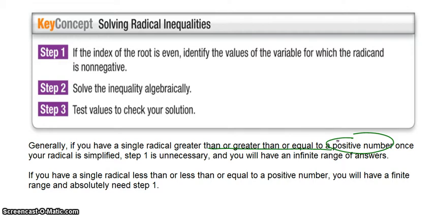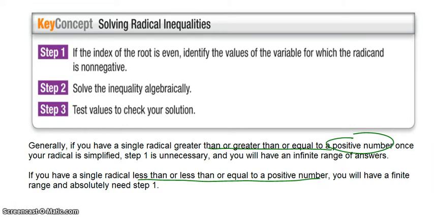On the other hand, if you have a single radical less than or equal to a positive number, you do have a finite set of solutions. You do have to watch out for the case where we don't want to go too far less than whatever number we're working with, because we don't want our radicand to be less than 0.